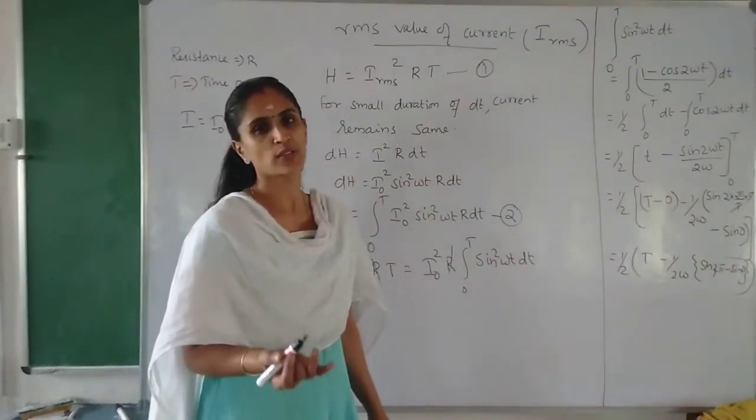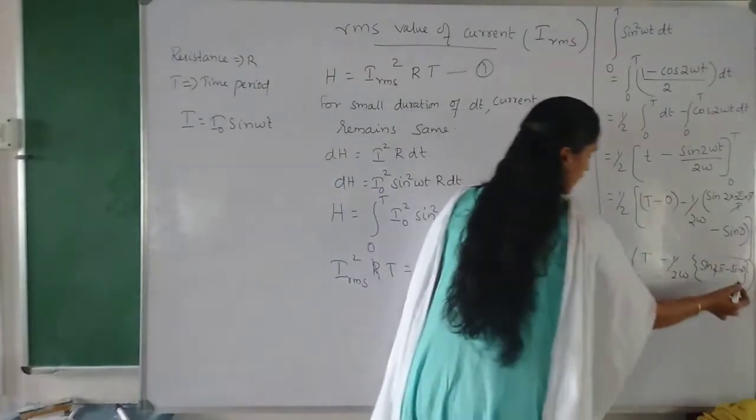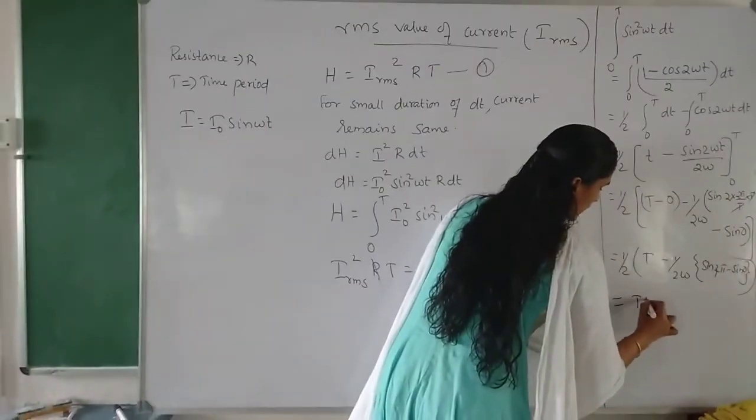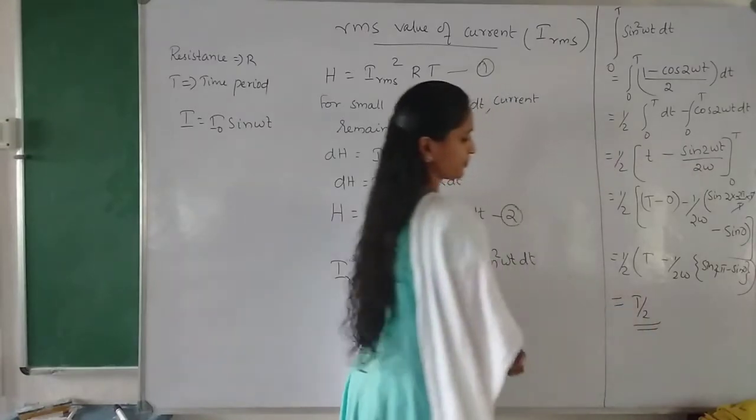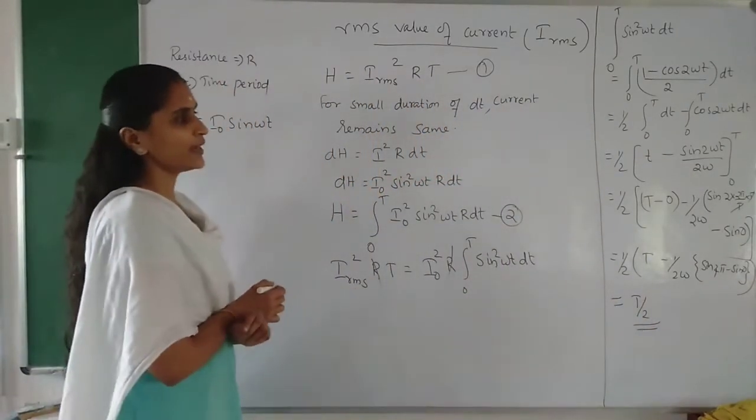Sin 4 pi is 0, sin 0 is 0. So this term will vanish, and you will get only T by 2.